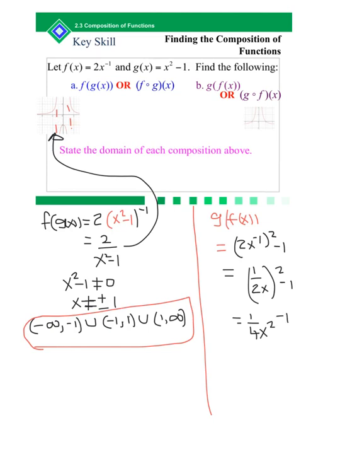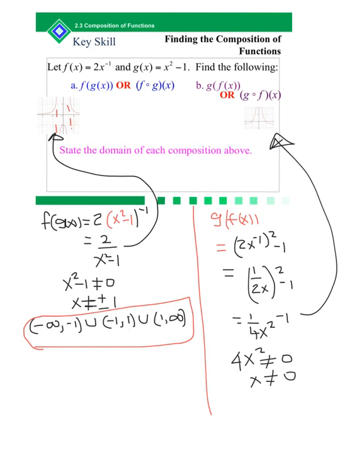If you graph this, this is what you get, and you can see the domain here. We take 4x squared cannot equal 0, so that simply means x cannot be 0.